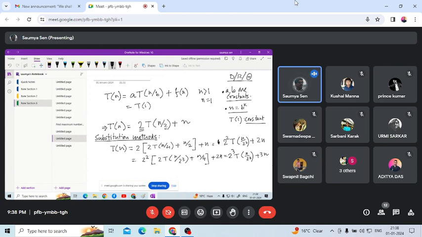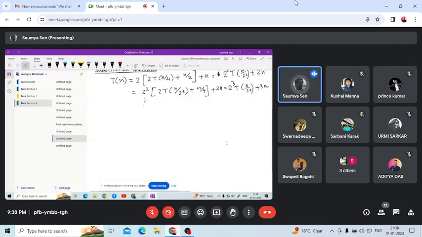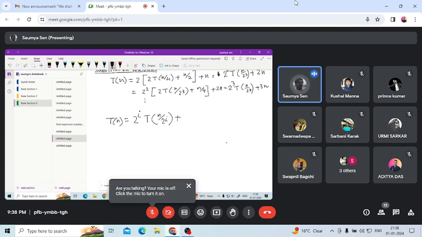So if you iterate the thing, finally what do you get? Finally you get T of n equals 2 to the power i, T within the first bracket n by 2 to the power i, plus i into n.